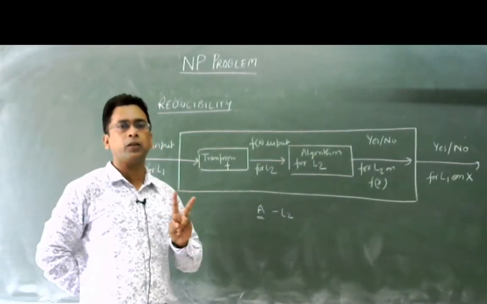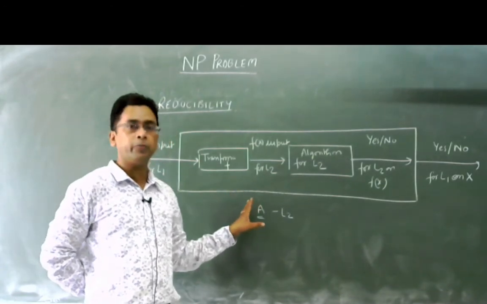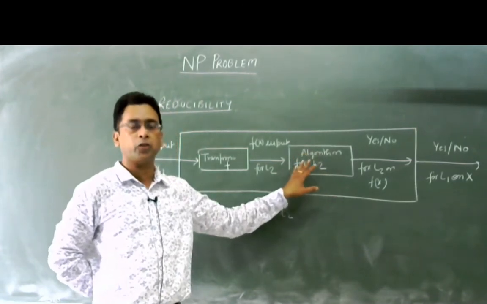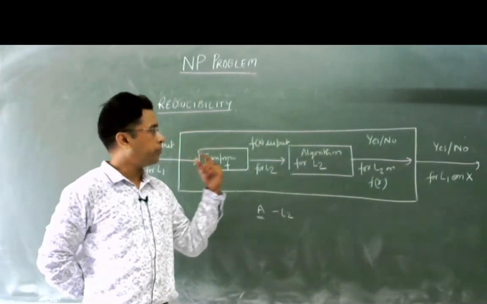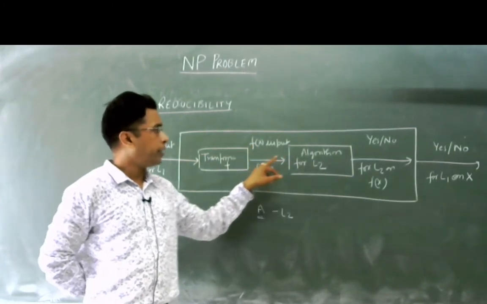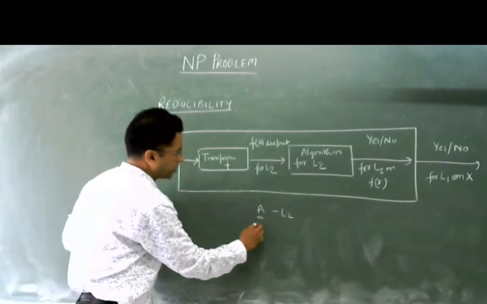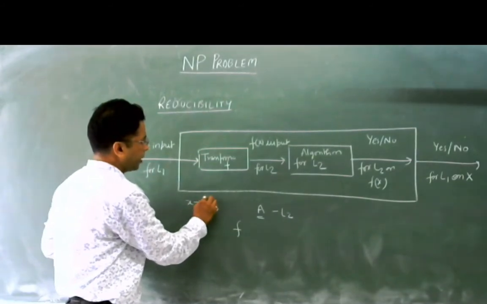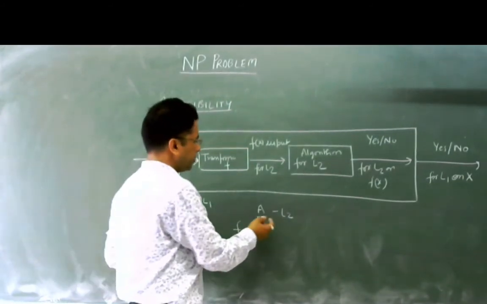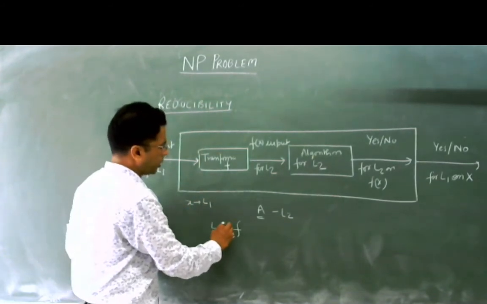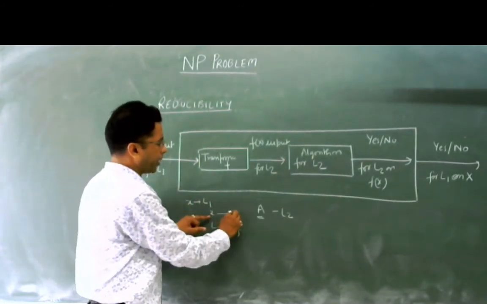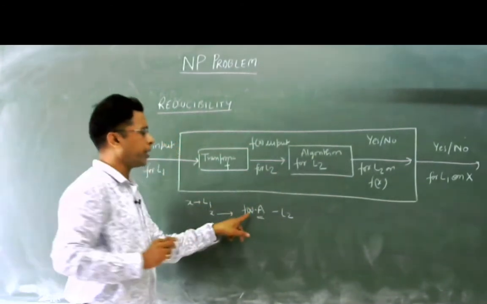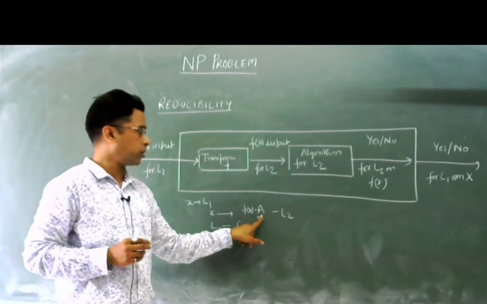They are two problems which are not related to each other, but you have designed an algorithm A for the L2 class of problems, and there is a transformation function f with the help of which the input x accepted by L1 is converted into f(x), which is accepted by the L2 problem's algorithm.